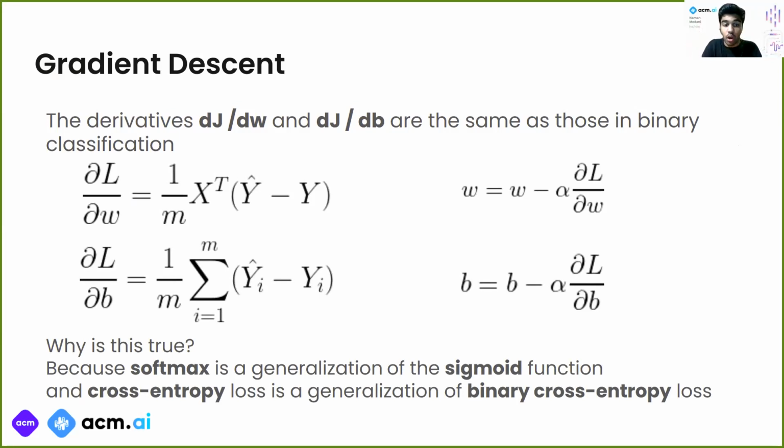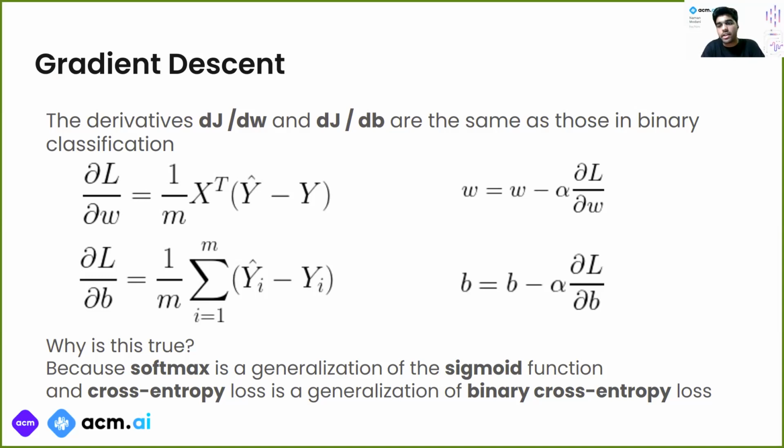And the cross entropy loss that we looked at is a generalization of the binary cross-entropy loss that we looked at before. So since both our current activation function and our loss and cost function are generalizations of the same thing that we had in binary classification, our gradient descent, our derivatives, stay the same.